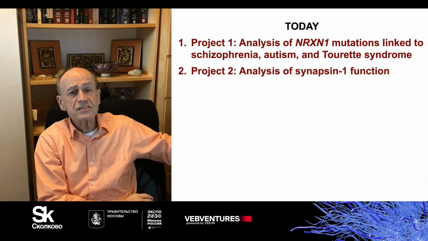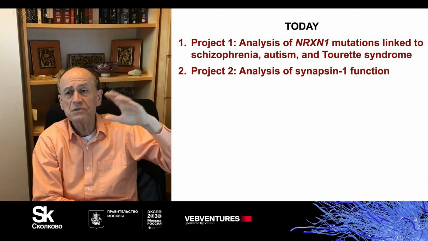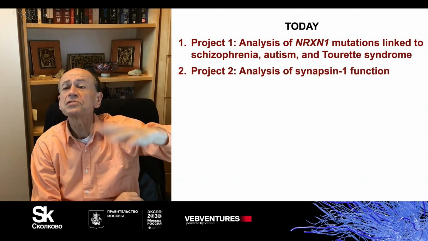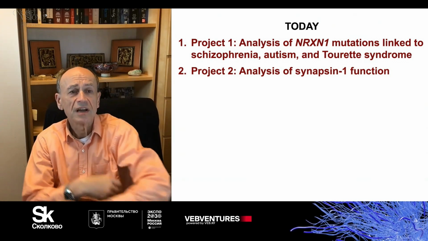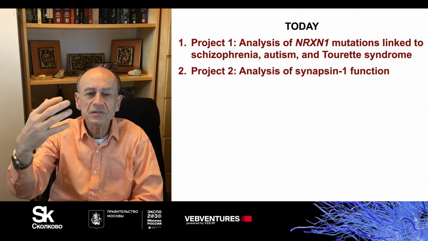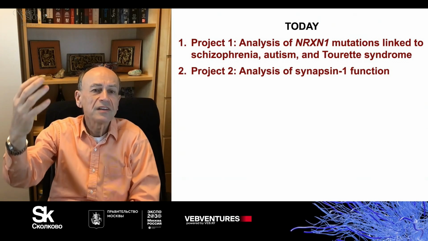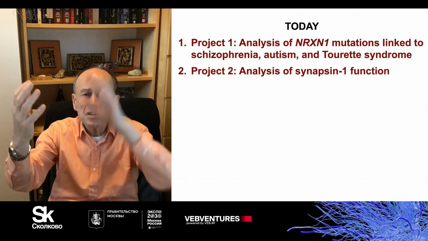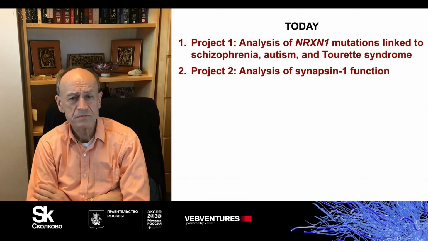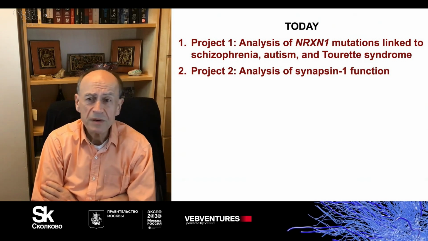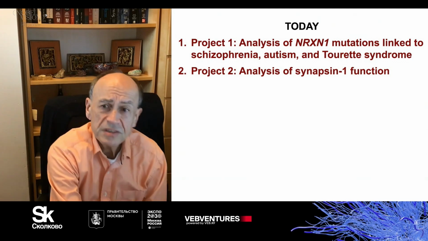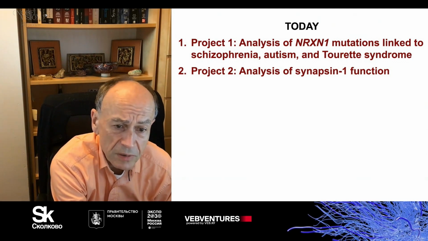One mutation, the orexin-1 mutation, changes synaptic transmission by decreasing the release probability initially during a train of action potentials. The other mutation, the synapsin-1 mutation, changes synaptic transmission by decreasing the release probability, not initially, but later in the train of a series of action potentials. They have completely different mechanisms, but in the end, in terms of the patients, they have similar deleterious consequences.